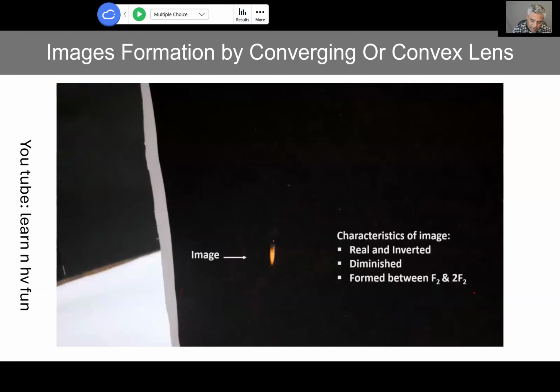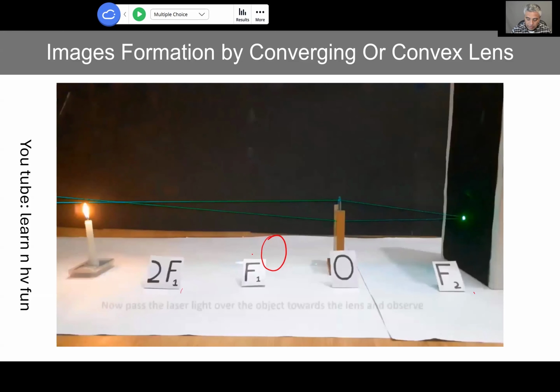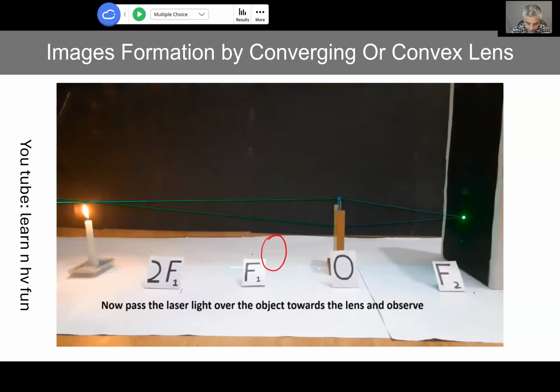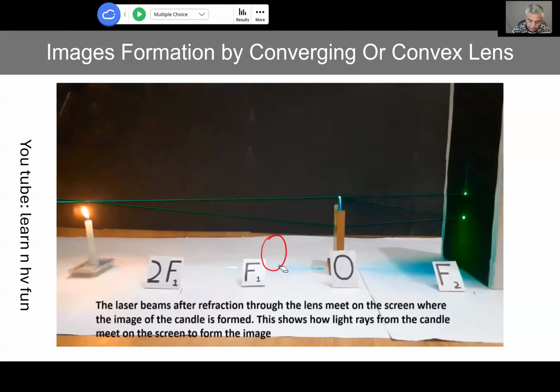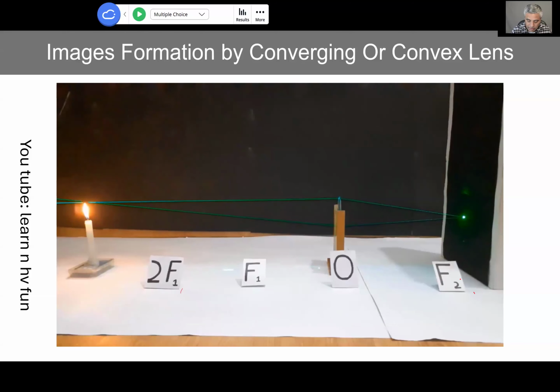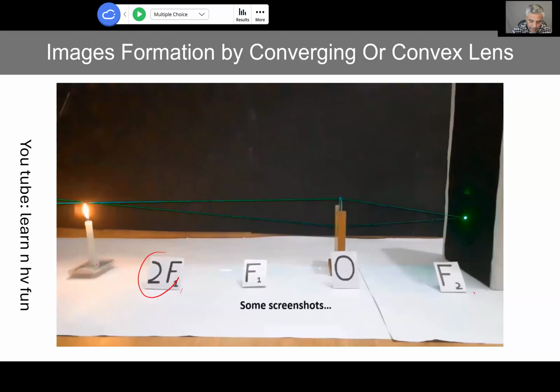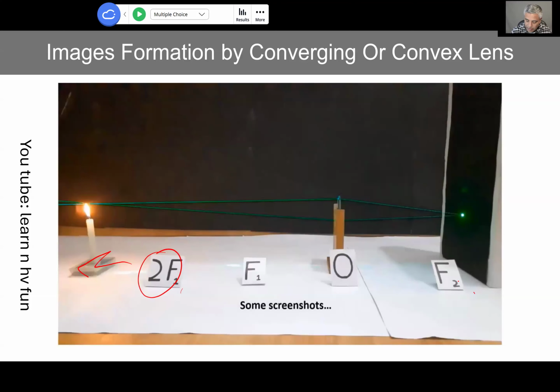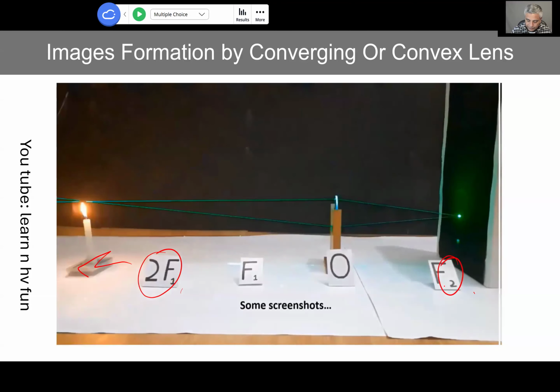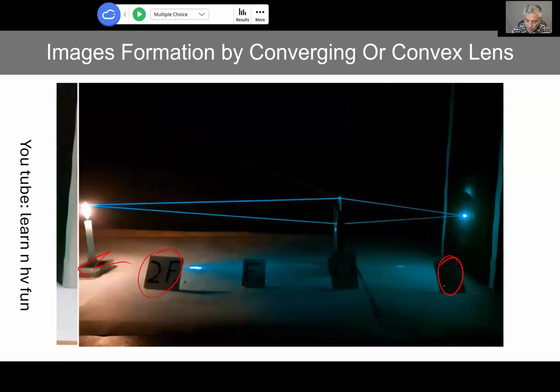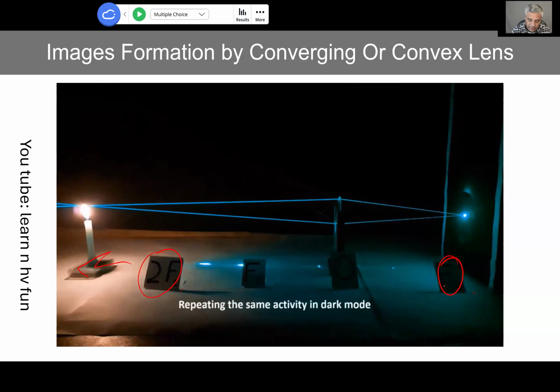So image is inverted, and looks like it is a bit smaller. When object is a bit farther than 2f, image is formed between 2f and f, somewhere between, not exactly in between, it depends on where the object is.